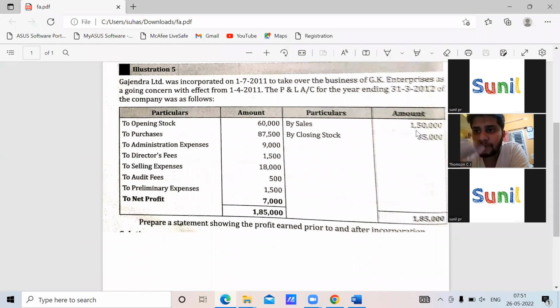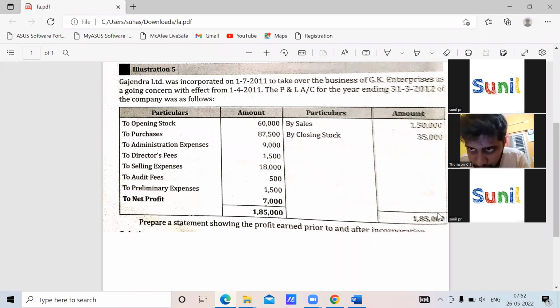In the previous problem, they had given the pre-incorporation sales and the post-incorporation sales, but here they have given only the total sales, not the split.